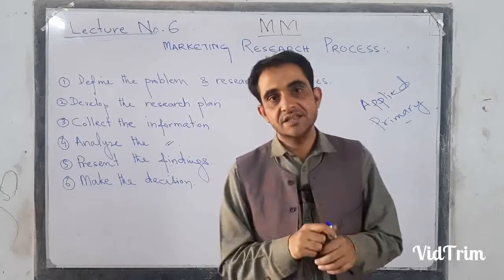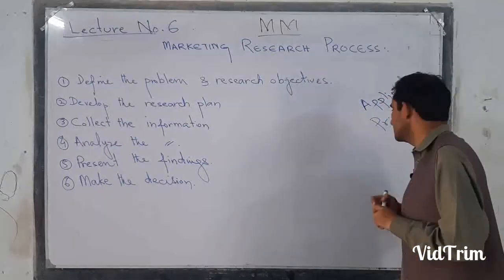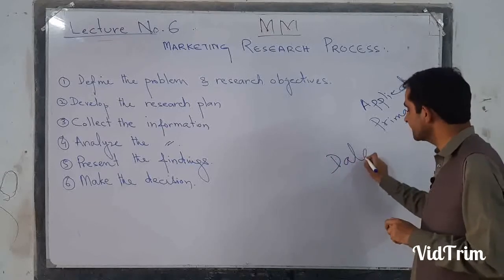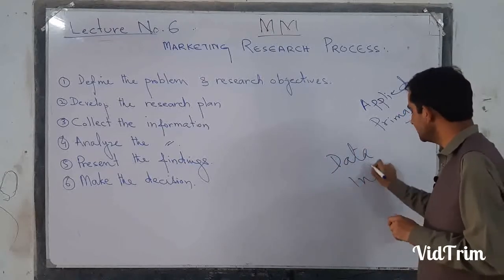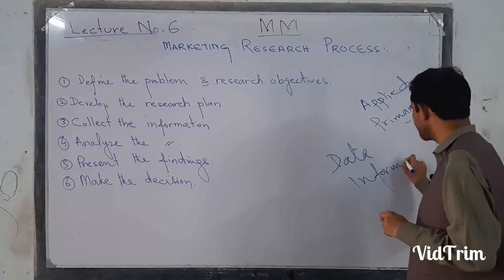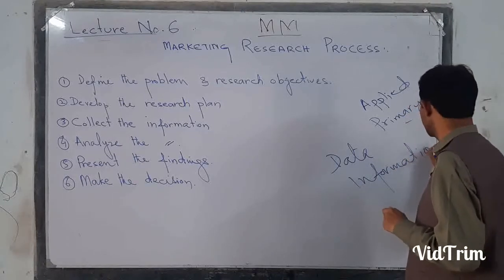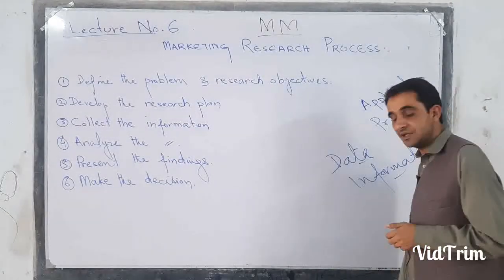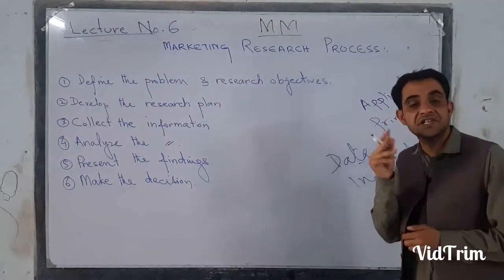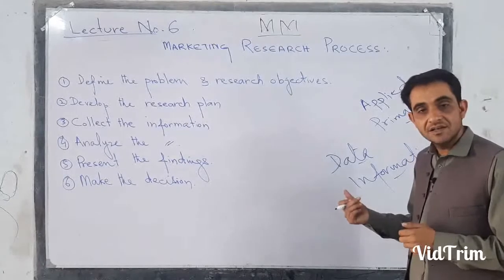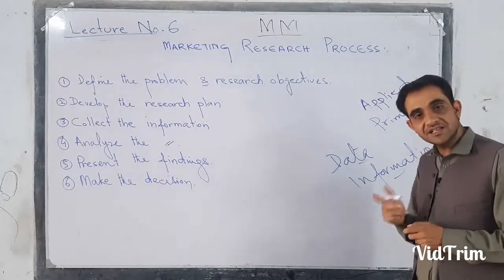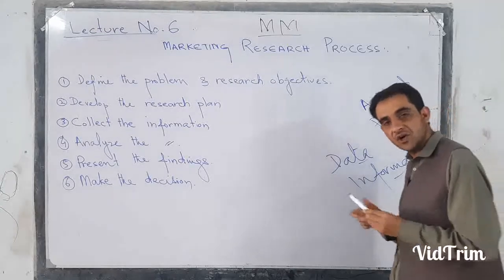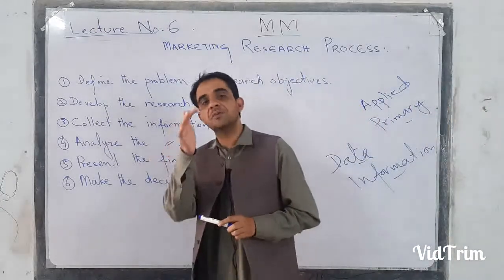At this stage, you should know the meaning of data and information. In general English, people use these terminologies interchangeably, one instead of the other. But in research, they are two different things. Data means raw information, rough form of information.